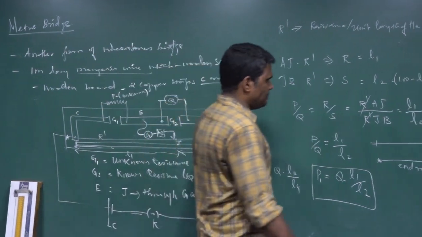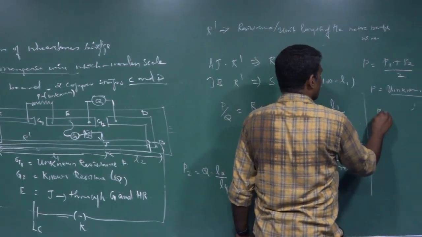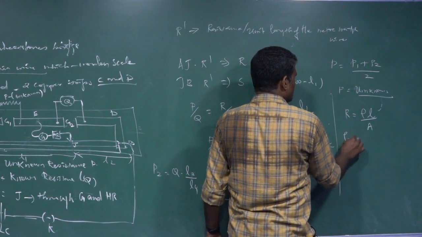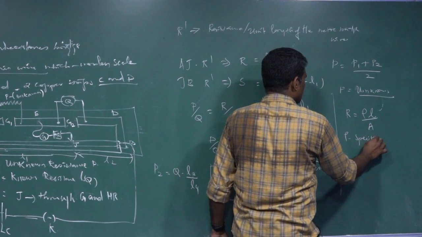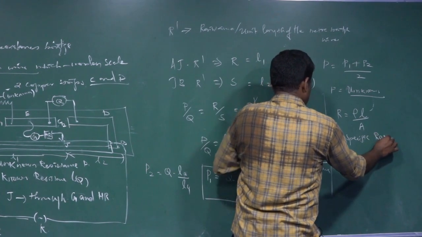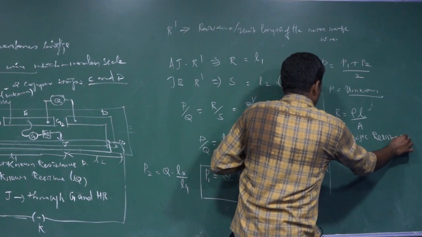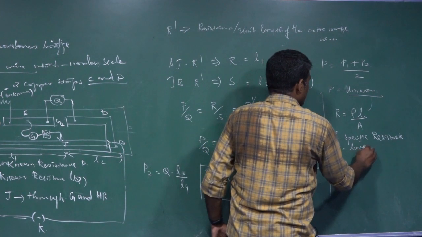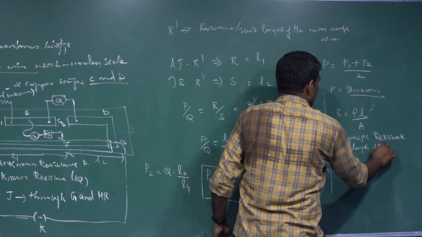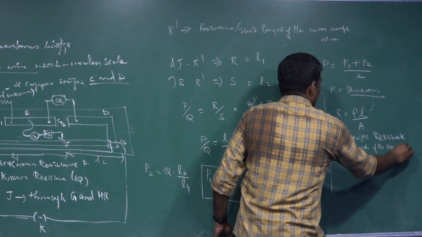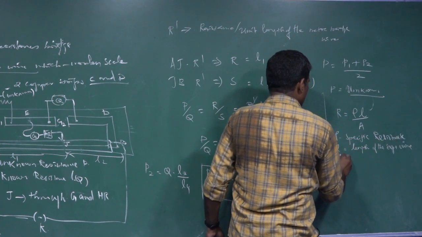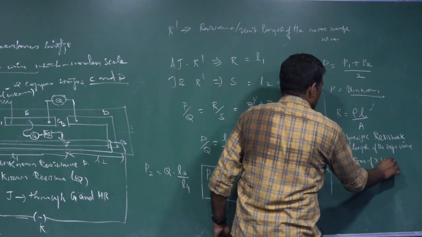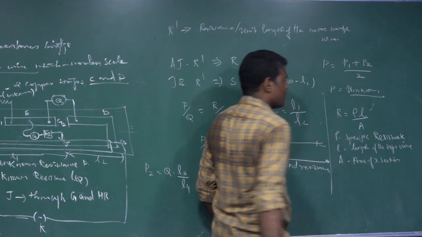As you know, the resistance of the wire R equals rho L divided by A, where rho is the specific resistance, L is the length of the experimental wire, and A is the area of cross section of the wire.